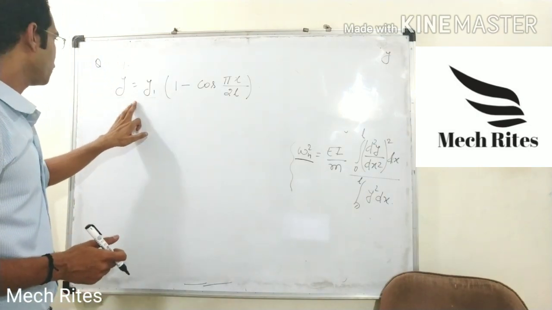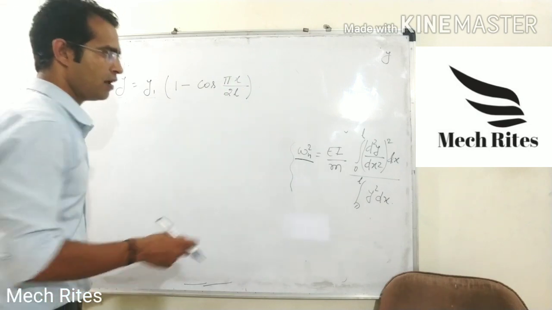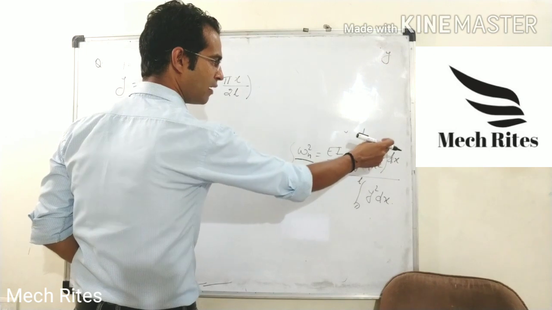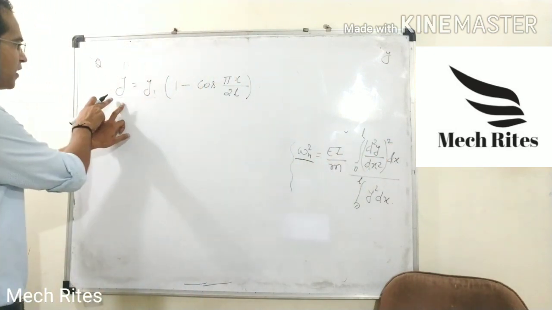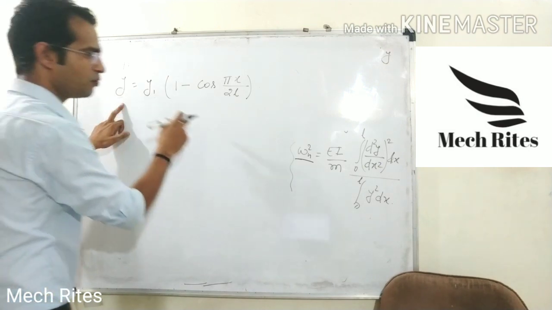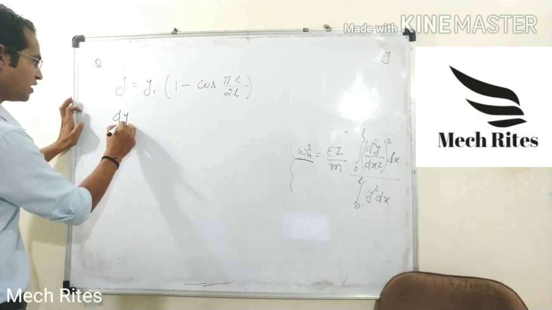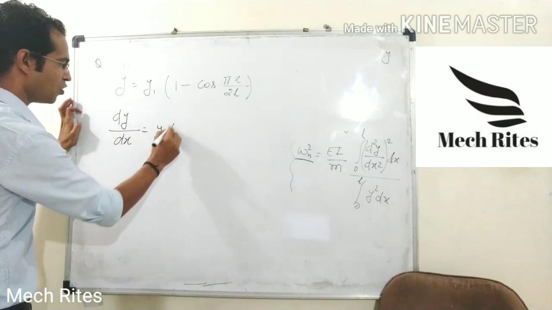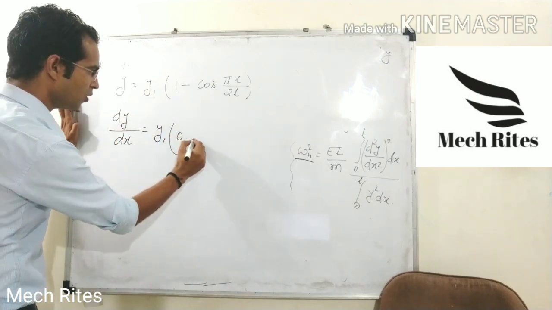In the question we have y equal to y1 (1 minus cos(pi x by 12)), and in the formula we have (d square y by dx square) whole square. So first of all we have to differentiate y with respect to x two times. First I will differentiate it: dy by dx. y1 will work as a constant. If I differentiate 1, its value will be 0.